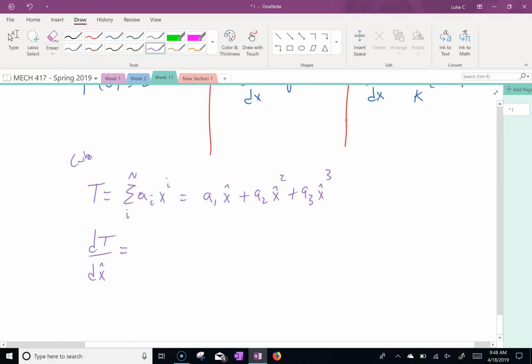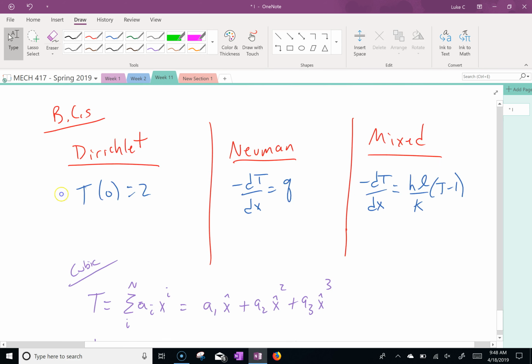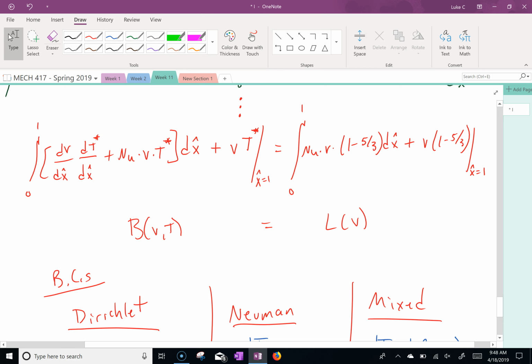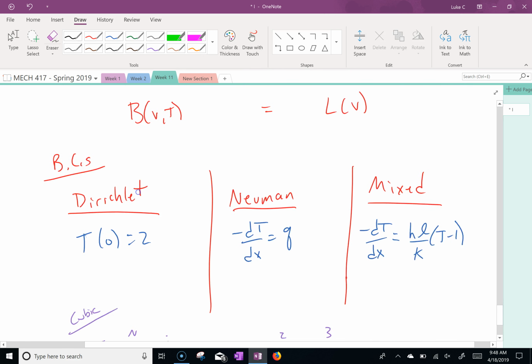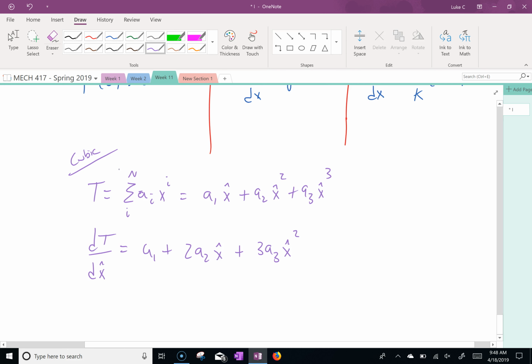So we'll do cubic. So someone tell me the derivative of that function with respect to x hat. Almost. I think you missed a 2 right here. Oh, 2, yeah. And then 3A3 x hat squared. Okay? Why do we need to know the derivative? Because if you go back to this red equation right here, there's a derivative, right? And actually, you can call these, sorry, these are T stars.